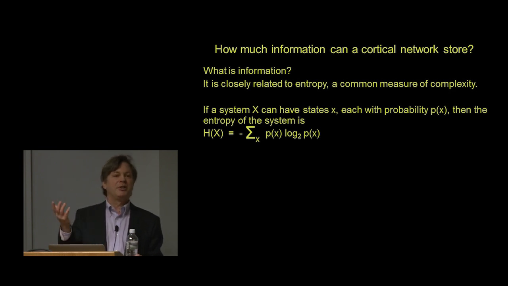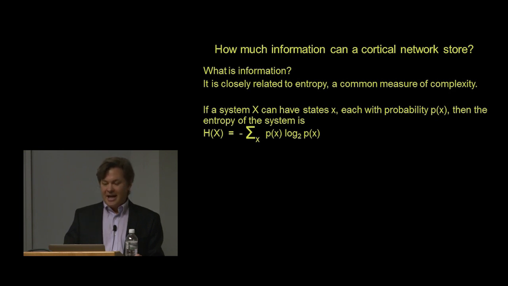All of them have probability 1 over 256. So all of those P of x's can come out, and you just have 1 times log of 256, or 8. And that's what information is. You need 8 bits to represent a number from 1 to 256. It's nothing more complicated than that. It's just a generalization of that.